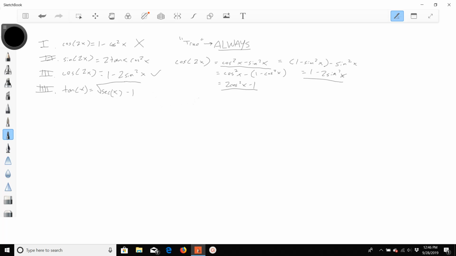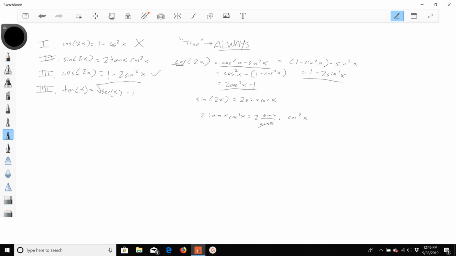Now the second one, we know sine of 2x, this one only has one version. All of them only have one version, except for this cosine 2x here. Sine of 2x is 2 sine x cosine x, and 2 tan x cosine squared x is 2 sine x over cosine x times cosine squared x.